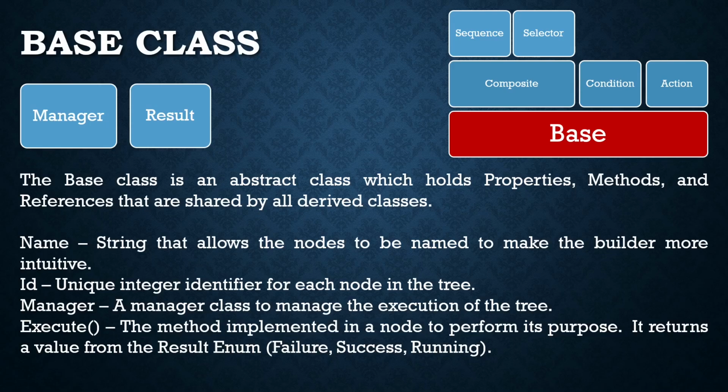And then it also has an execute method that is implemented in all of the nodes to perform whatever that node's purpose is, and it returns a value. Each execute is going to return a value from a result enum. And there's only 3 possible results: a failure, a success, or running.